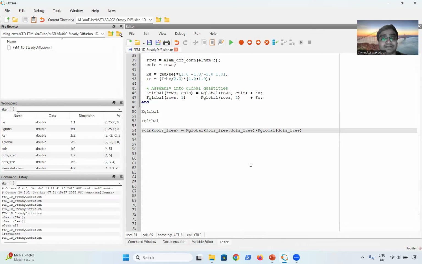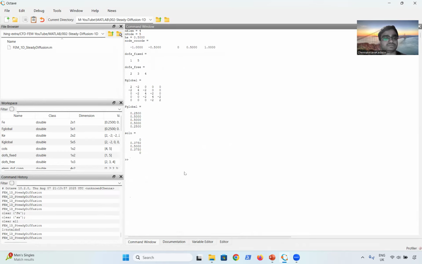Free means unknown, that we don't know yet. As you can see, the first one and last one are 0, we know them. In between we have 3 nodes for which we don't know, and after solving these are the values.